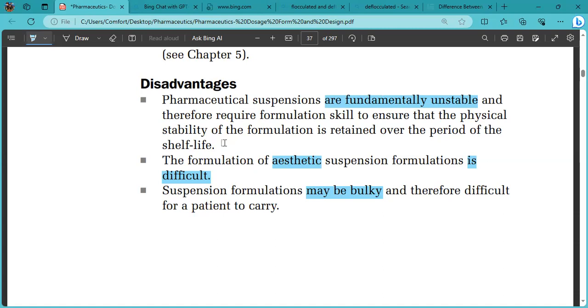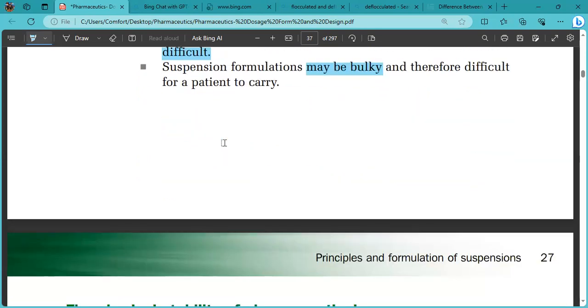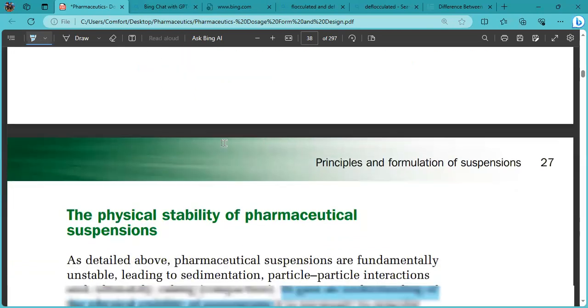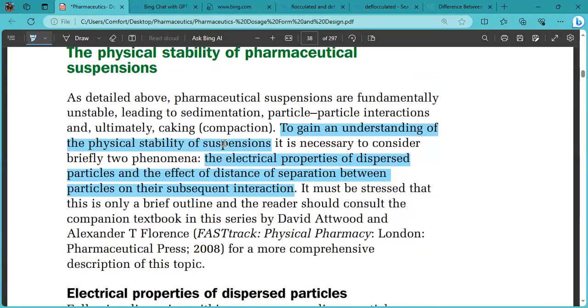Like I said, if they change in appearance in any way, it could lead to loss of trust by consumers, because they may assume that the drug no longer works, or it wasn't well made, or it's a duplicate, when it just doesn't look aesthetic. And then liquid preparations tend to be bulky and more difficult for a patient to carry around.